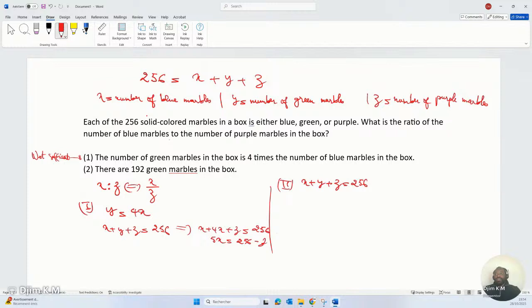We know y is equal to 192, so x plus 192 plus z, so x plus z will be equal to 256 minus 192.